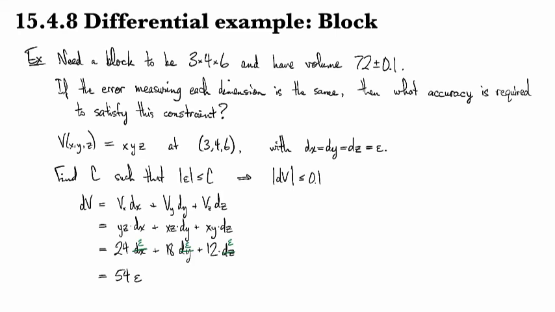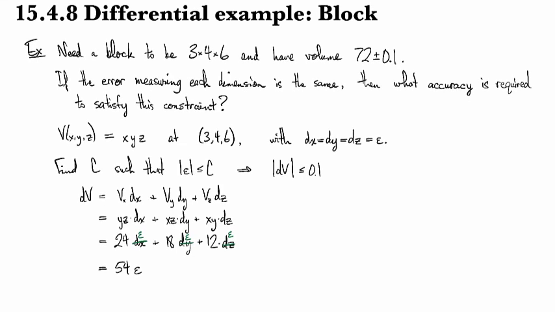Okay, so now we want it to be the case that our differential, so the inaccuracy of our final computed volume, is estimated by 54 epsilon, and we need that to be less than or equal to 0.1 because that's the constraint that we were given.